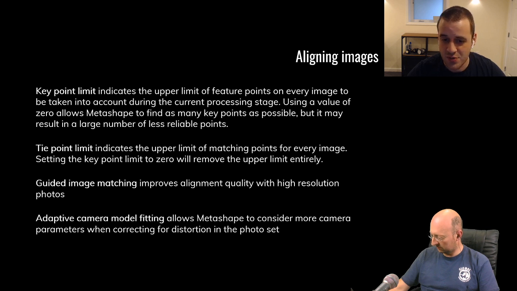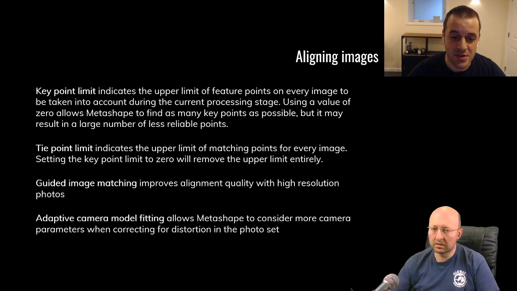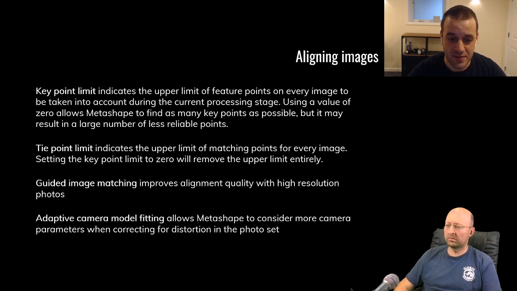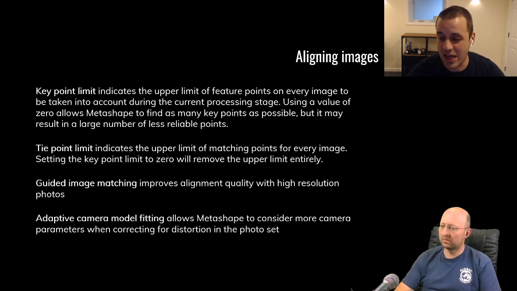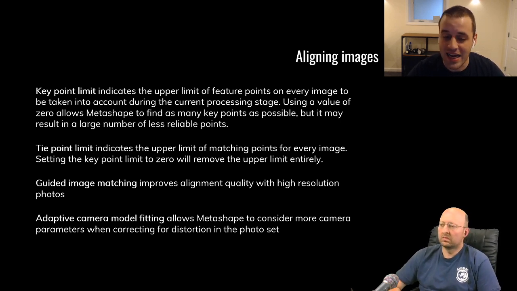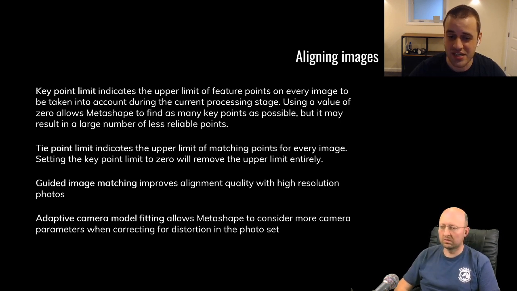Then we have a couple of other options. Apply masks to, we don't want to worry about right now. And we have guided image matching and adaptive camera model fitting. Put really simply, guided image matching is going to help align high resolution images, which is a lot of the images that we're taking, especially if you're using a dedicated camera and not something like a phone camera.